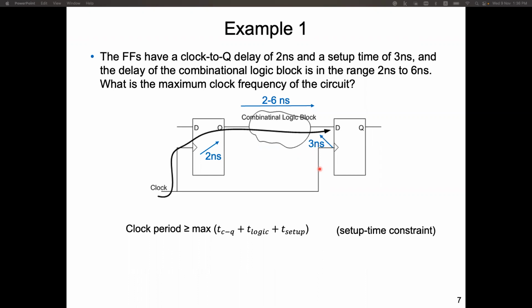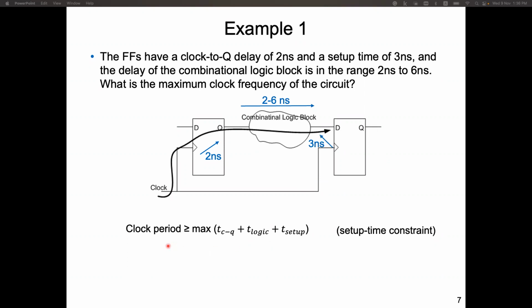So consider 2 consecutive clock edges. Within this clock period, the signal must propagate through the first flip-flop, propagate through the combinational logic block, and yet it needs to arrive a setup time before the second rising edge of the clock. So that's the constraint imposed by the setup time.